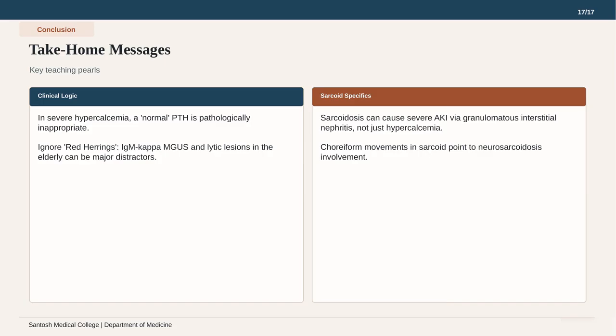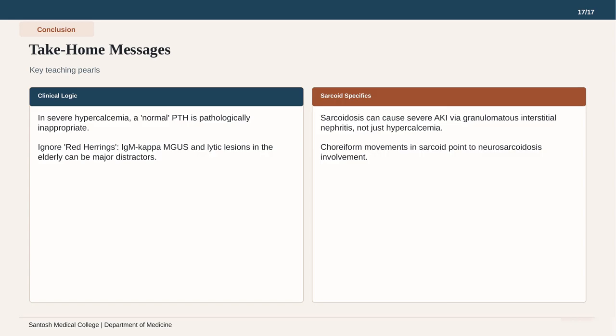Looking at the take-home messages provided on this final screen, we have several critical clinical pearls. First, remember the clinical logic that in cases of severe hypercalcemia, a numerically normal parathyroid hormone is actually pathologically inappropriate. Second, we must learn to ignore red herrings. Monoclonal gammopathy and lytic lesions in the elderly can be major distractors from the true underlying disease.